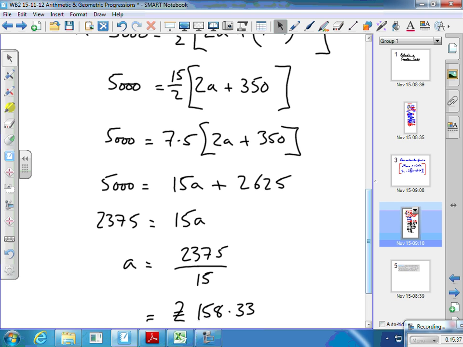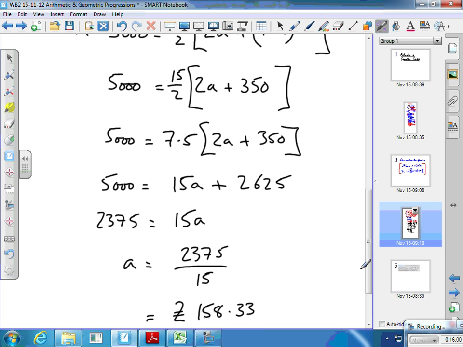At this point, the suggestion is that instead of multiplying out the bracket, which is perfectly valid, you can divide both sides by 7.5, and that way you get 5,000 divided by 7.5 equals 2a plus 350, and you get the same answer. So it's whichever way you see it.